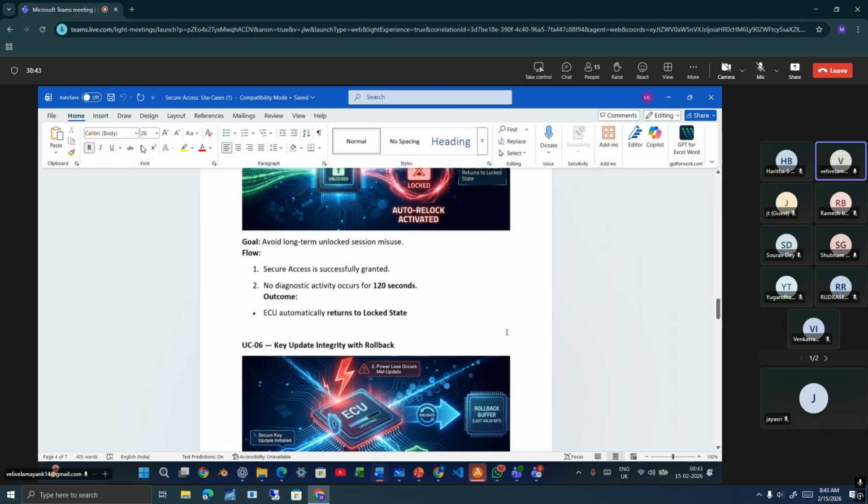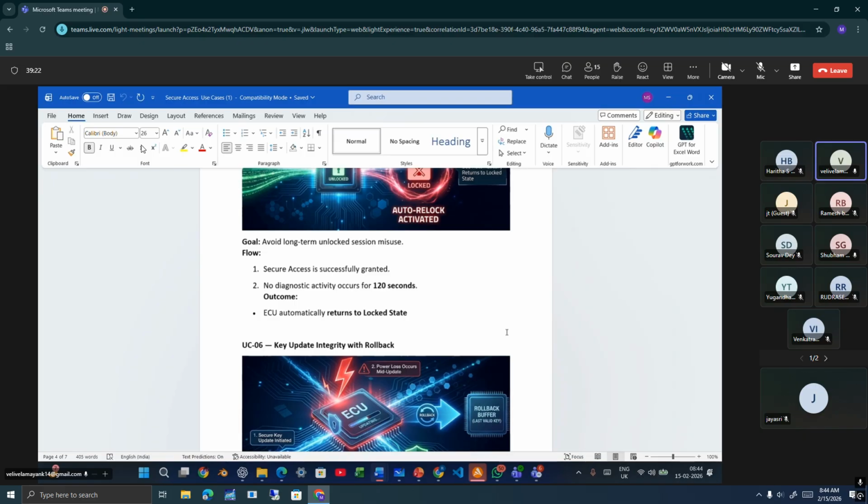Key update integrity with rollback. This is based on your properties: key update with integrity with rollback, or confidentiality with rollback. These all are based on what action or purpose you need the secure access for. You are writing the keys, or you are writing the VIN number, vehicle speed, or reprogramming, or clearing the DTC. You have certain actions. Secure access in automotive has a list of diagnostic services.